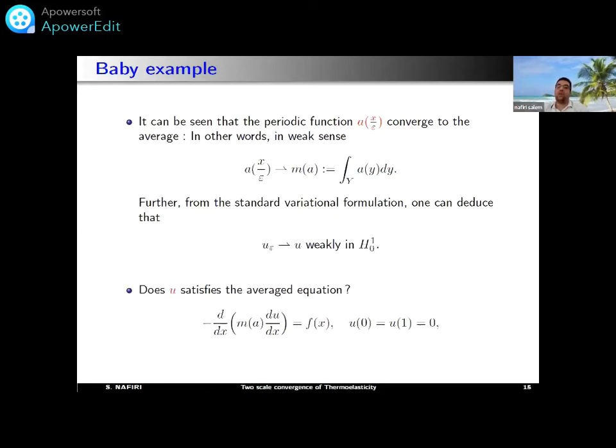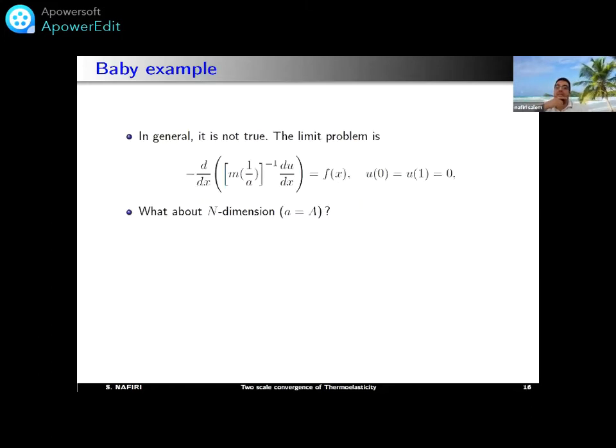But what is the homogenized equation, the average equation, the limit equation? Is the homogenized equation just this equation, where u satisfies this limit equation? Unfortunately, the answer is no. The limit problem is not what one would expect.